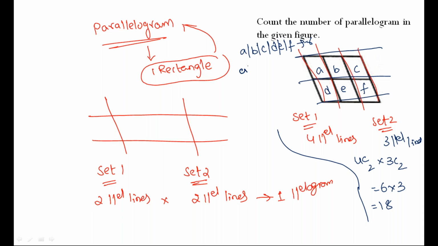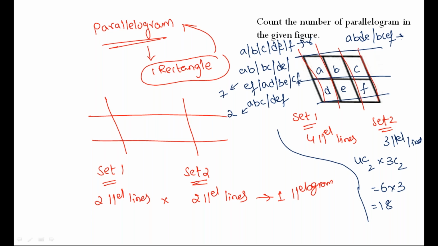Then two combinations: AB, BC, DE, EF, AD, BE, CF, here we have 7. Three combinations: ABC, DEF, that is 2. Then four combinations: ABDE, BCEF, these are 2. A 5 combination parallelogram is not possible. ABCDEF is the entire one.